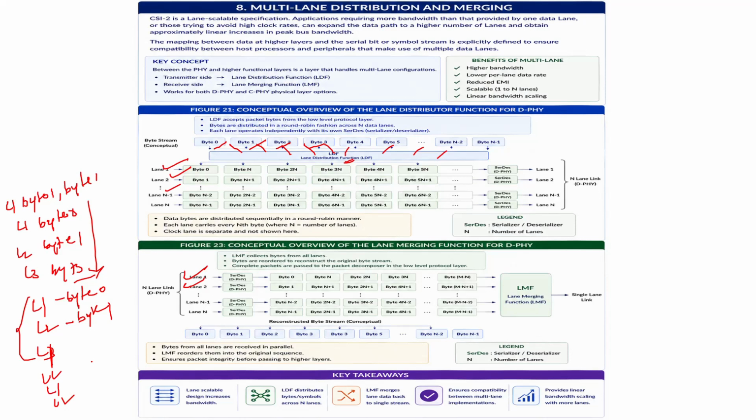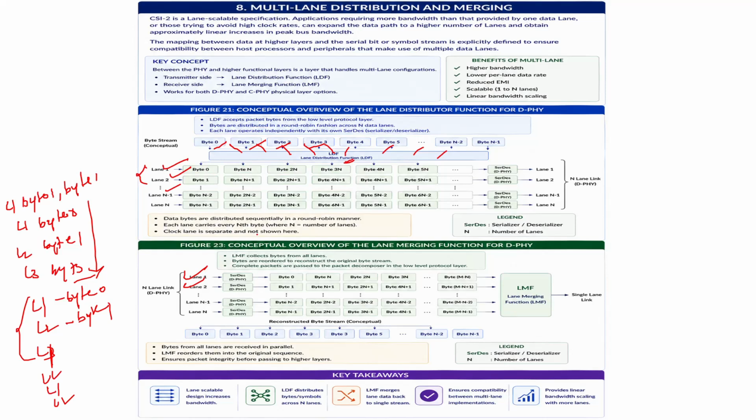So the same thing we are facing here. Different lanes will distribute the work equally, so the lanes will have different bytes of data. That's why we are distributing the data bytes to the different lanes equally. Okay.